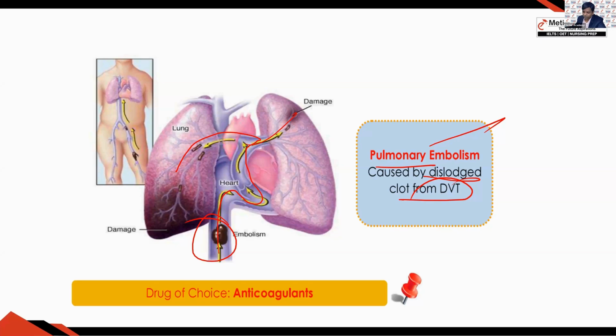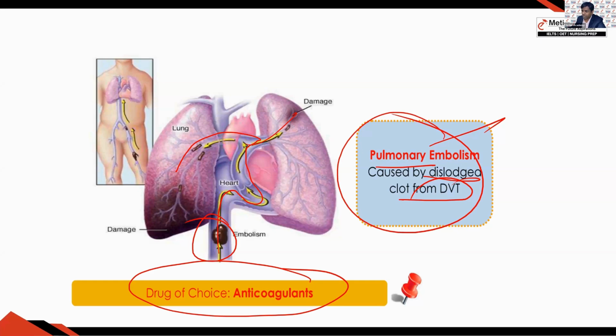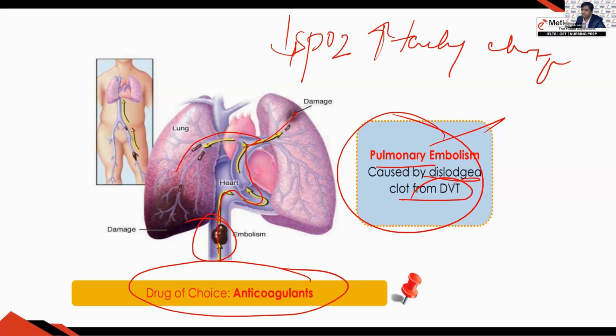For a small quick review, I am giving this demo. Drug of choice is anticoagulants. When the patient is suspected, how do we confirm pulmonary embolism? Sudden decrease of SpO2 on the monitor, tachypnea, chest pain, hypoxia, saturation suddenly falling, tachycardia, chest pain, hemoptysis.